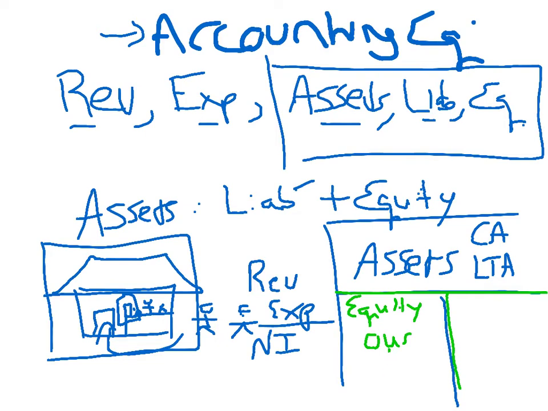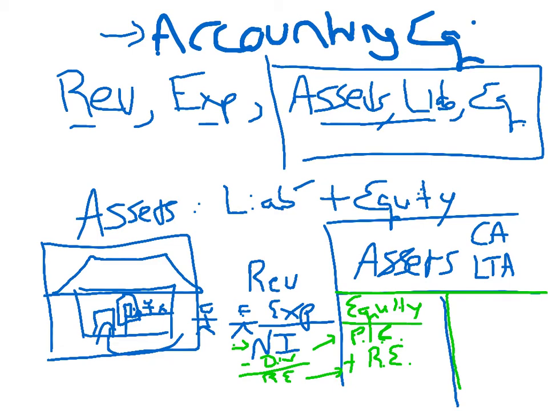It's also our retained earnings. Retained earnings is nothing more than your net income, this guy over here, minus any dividends that we pay to shareholders. What's left over is called retained earnings, and that increases the value of the firm in terms of equity.